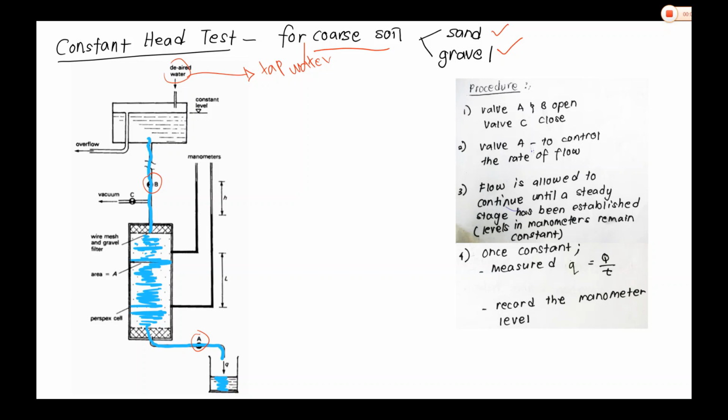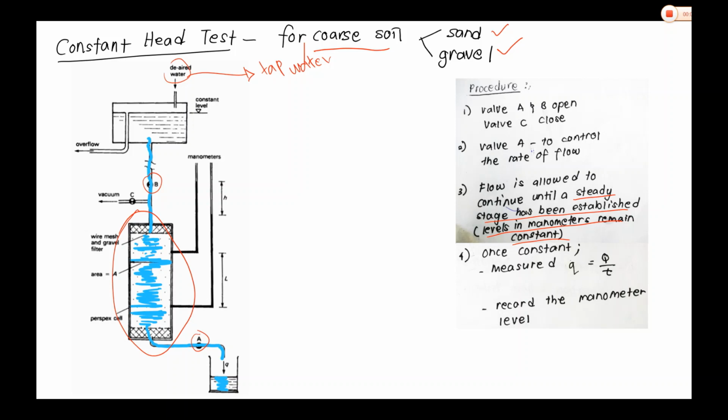So air akan mengalir melalui laluan itu, and then dia akan masuk sampel. So dalam ni adalah sampel, sampel tanah, sama ada it's sand ataupun gravel. Alright, so bila nak record the data, we need to ensure that the flowing of water tu in a steady state. Steady state ni, in a steady state maksudnya level in manometer remain constant.